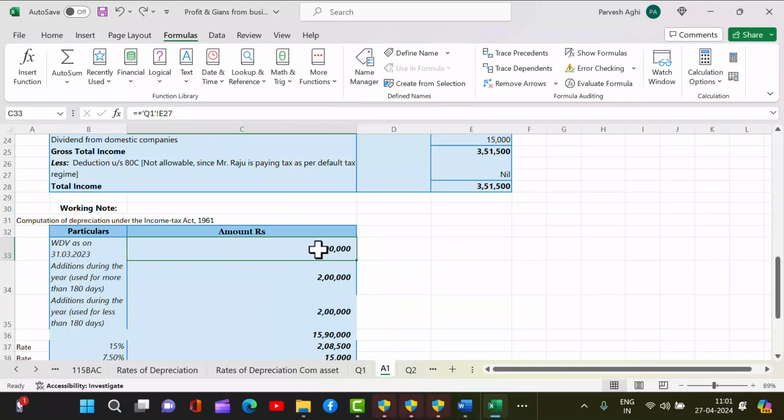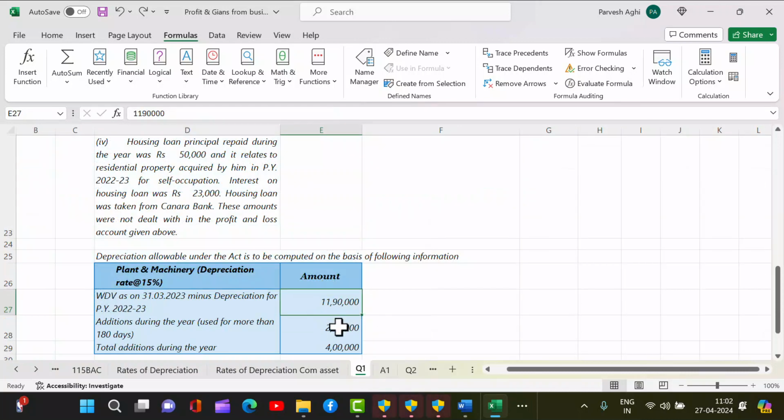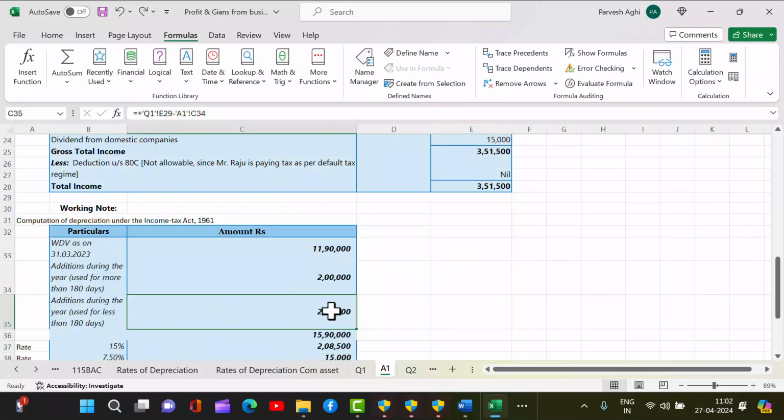Yes, sir. Additions during the year: 2 lakh rupees for more than 180 days, another 2 lakhs for less than 180 days. So total additions were how much? 4 lakhs. So 2 lakhs was for more than 180 days and 2 lakhs was for less than 180 days. Then the depreciation rate is 15%.